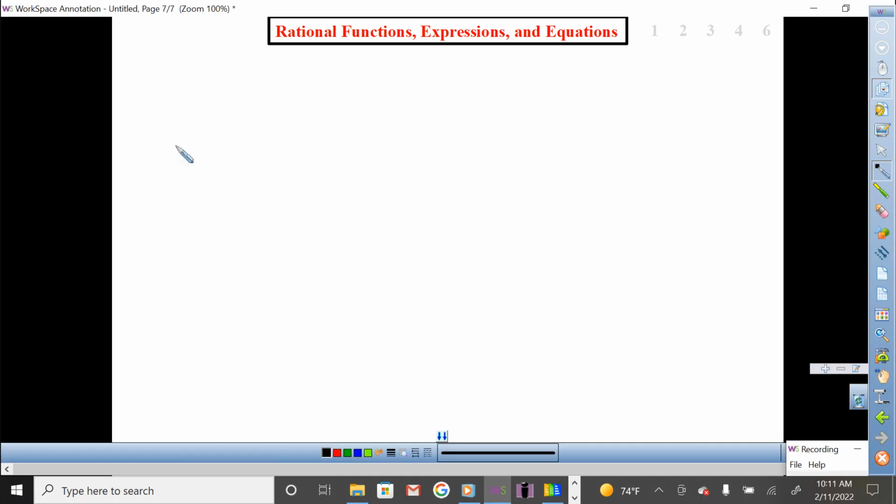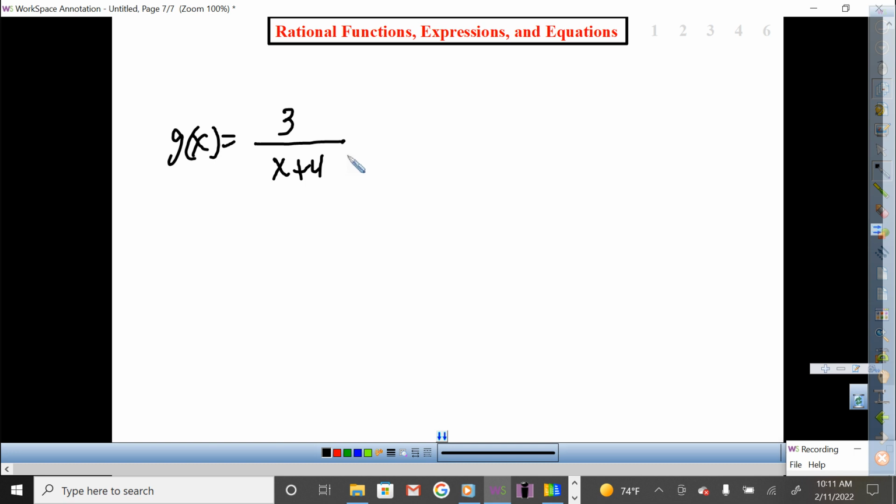If I was to give you these functions, g of x, don't copy this, equals 3 over x plus 4 minus 5, or g of x equals 3 over x plus 4 squared minus 5.